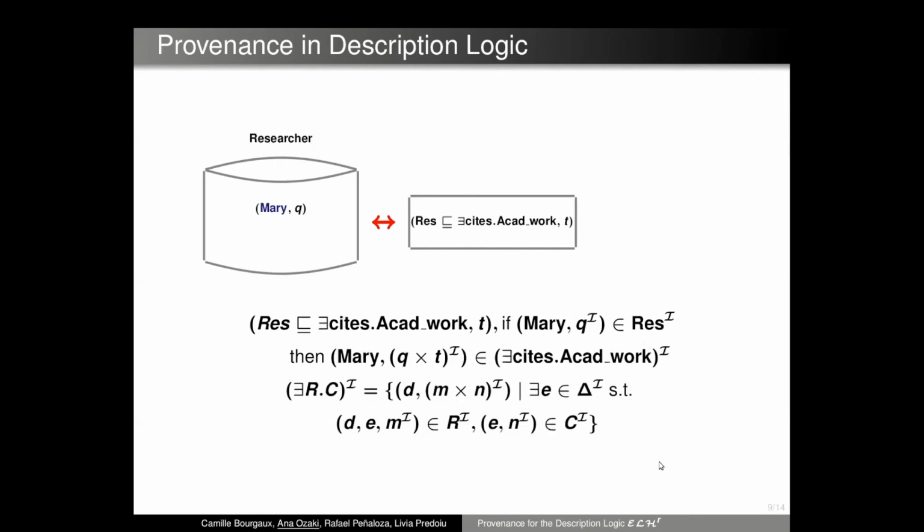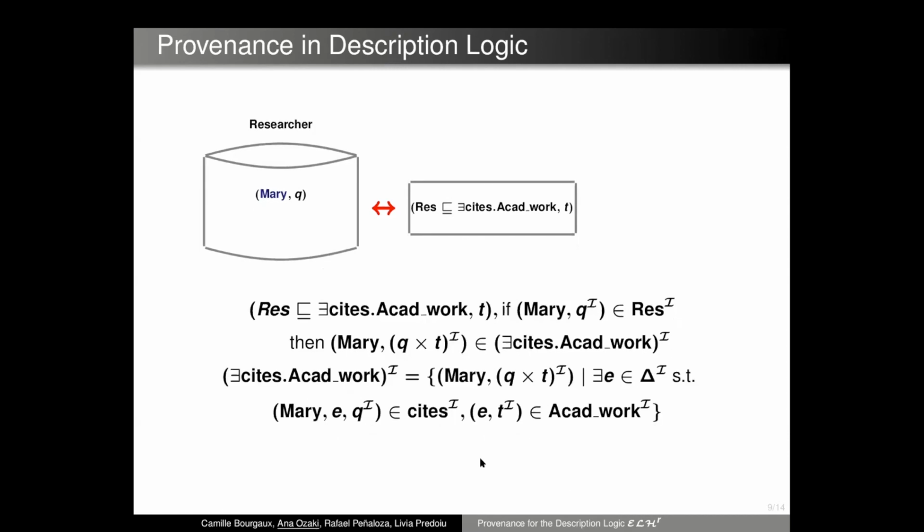Now the problem is that when we define the extension of exists R.C, we simply combine the information of the parts here, R and C. And this means in our example that we may have associated with cites the provenance information Q, or we could have T, because it's commutative, we just require that the product is Q times T, or we could even have Q times T here and just one on the other side, or the other way around.